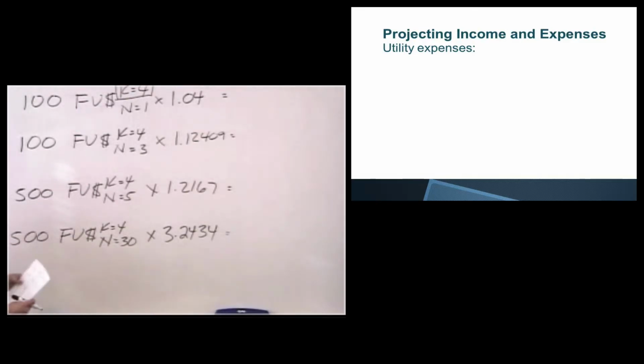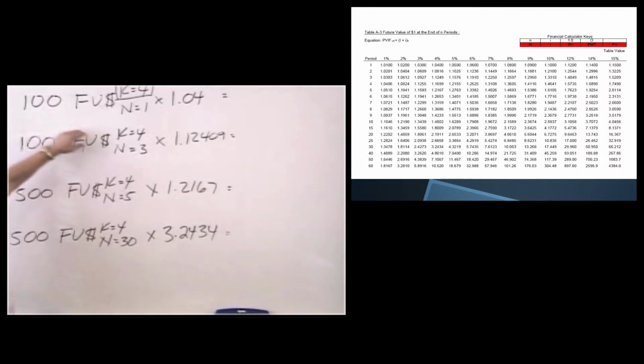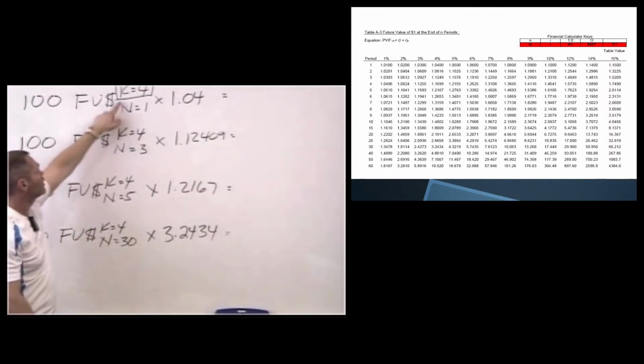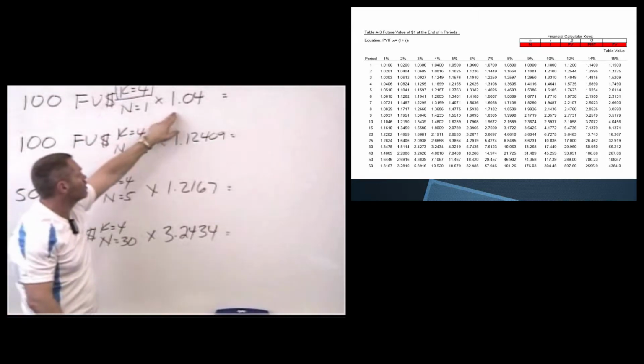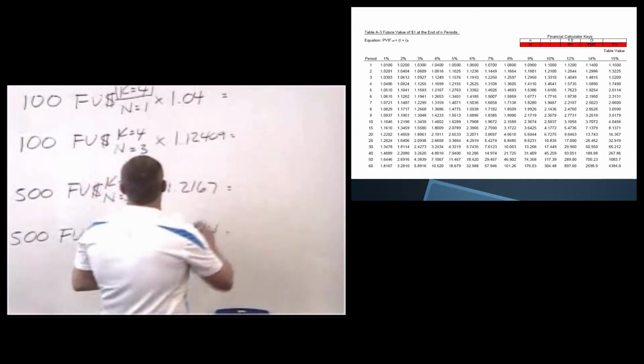So let's say that right now you're living in an apartment or you're living at home and you're donating $100 a month into utilities, or you're splitting a house with 4 or 5 people and utilities are $500 and your portion's $100. If utilities are going to go up 4% per year, next year you got your $100 times future value of $1, K equals 4, N equals 1, so we multiply that by 1.04 as our factor.